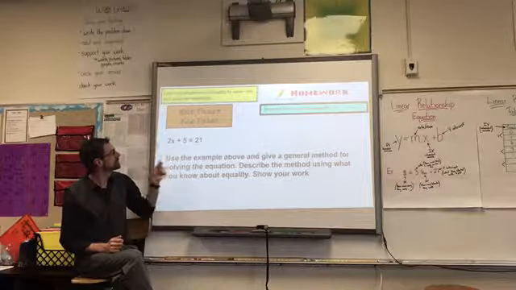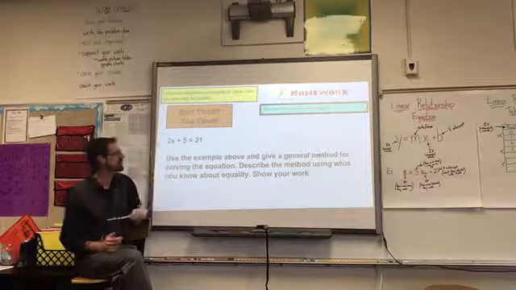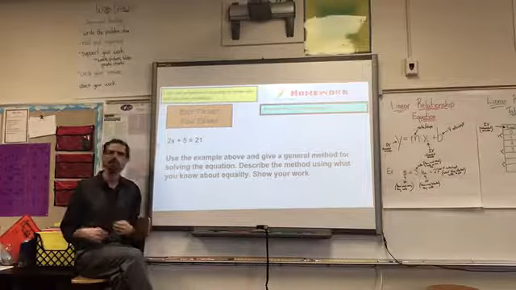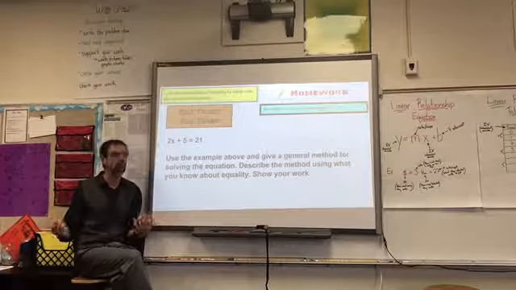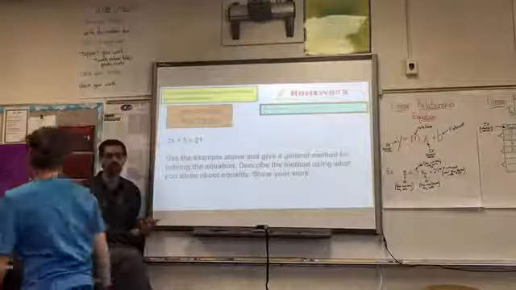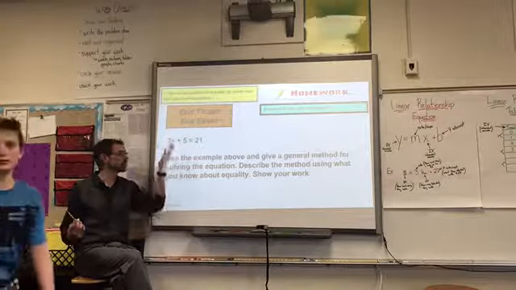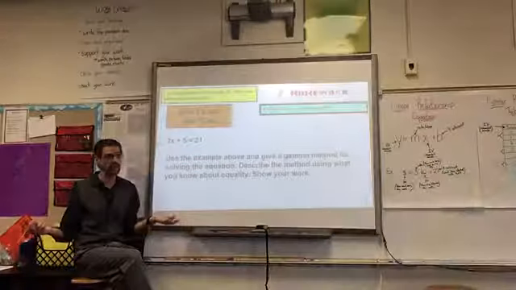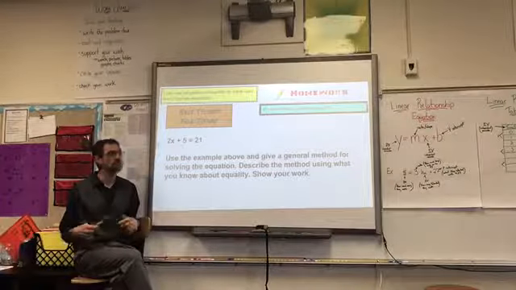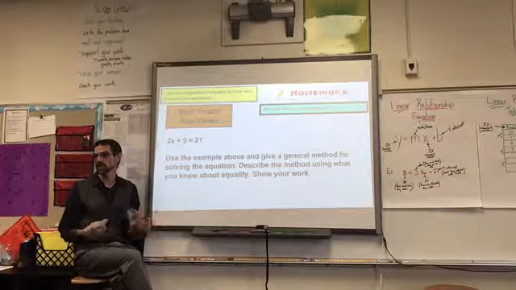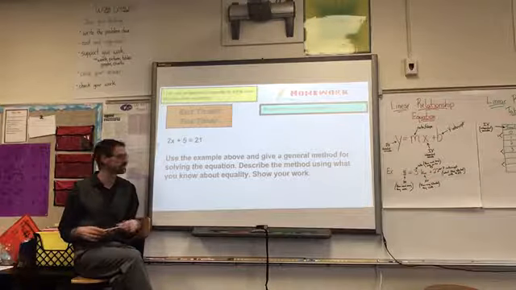So here I have 2x plus 5 equals 21. You don't have to use coins and pouches to solve it, but you do have to use the idea of equality. I could draw pouches and coins and solve it that way, or I could just use the numbers in my idea of equality to also solve it.